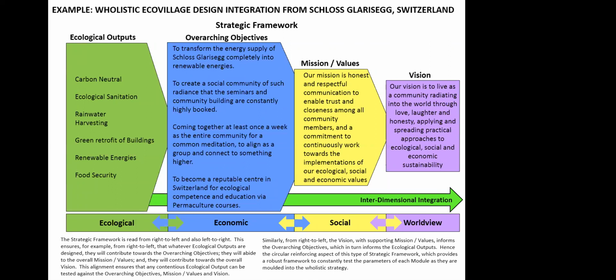Sure, it might work, but isn't it in conflict with the overall vision and mission and values? So this is where the values of a project and the vision could be used to cross-check whether the outputs actually are all aligned. So this is why we read this both left to right and right to left.